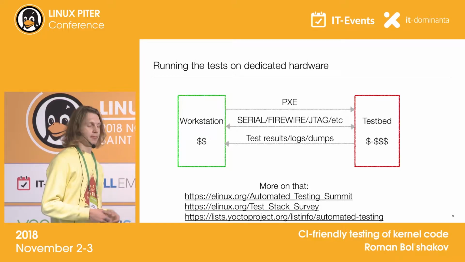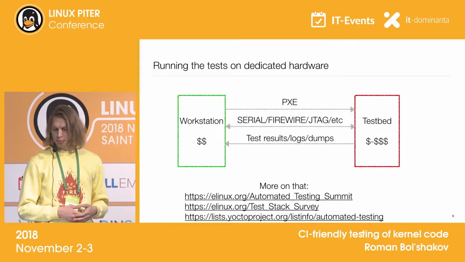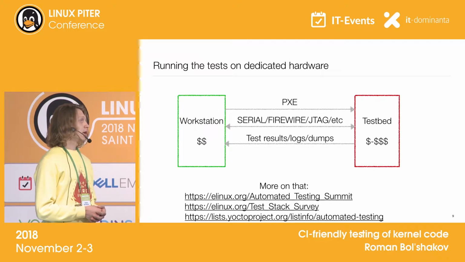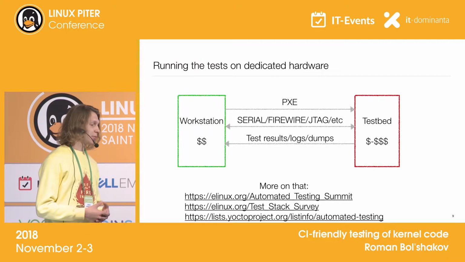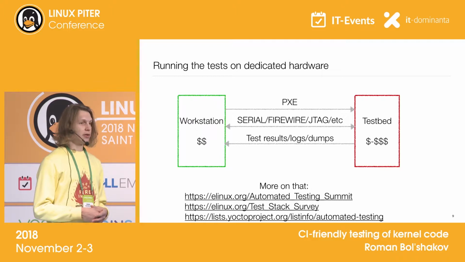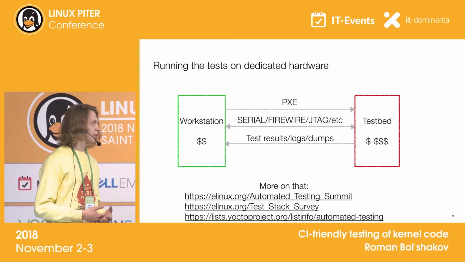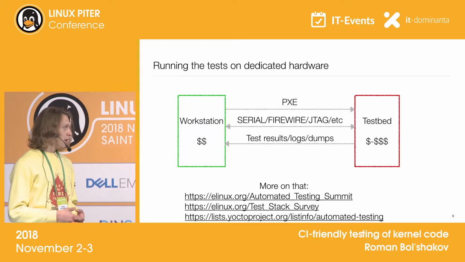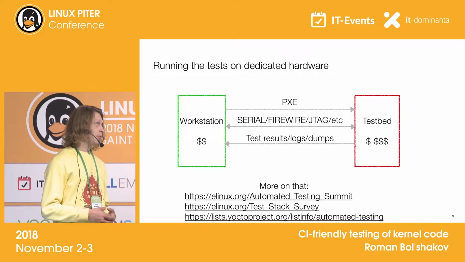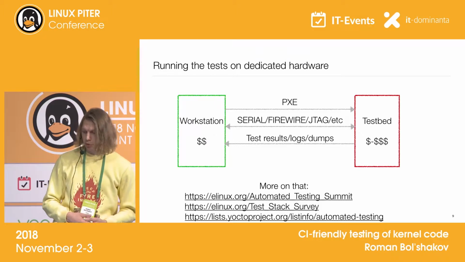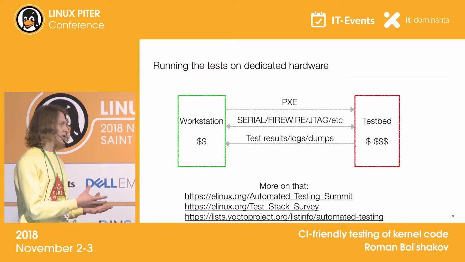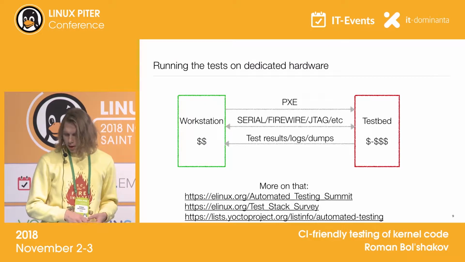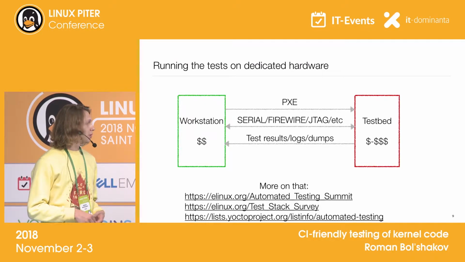You can launch on dedicated hardware, but in our case, running tests on dedicated hardware is awfully expensive because we make server platforms. Each server platform is awfully expensive compared to embedded devices. In the world of embedded devices, it's a very popular scheme. I don't have anything against it, but each board is much, much cheaper there.